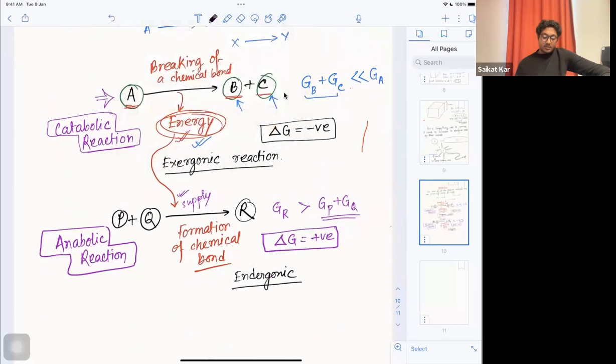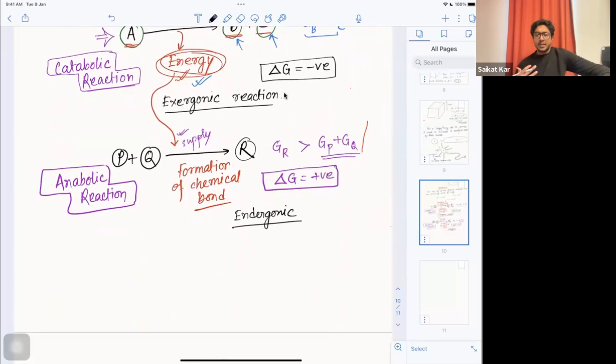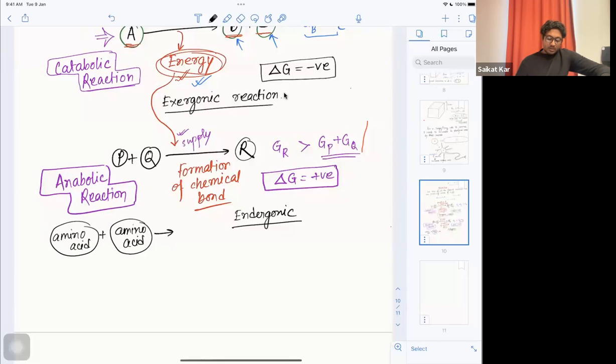Now usually whenever our body tries to make something, suppose forming a bond between one amino acid and another amino acid, this is a kind of anabolic reaction. So suppose one amino acid and another amino acid react, or say a lot of amino acids are reacting to make what?